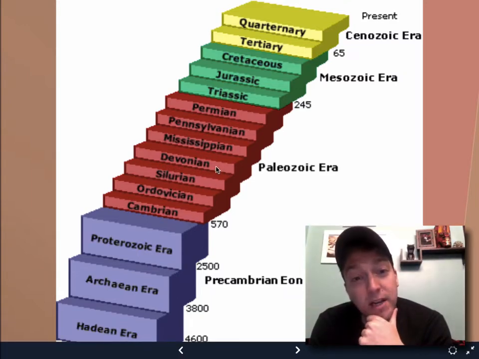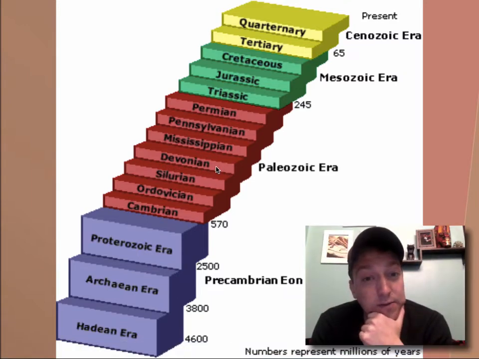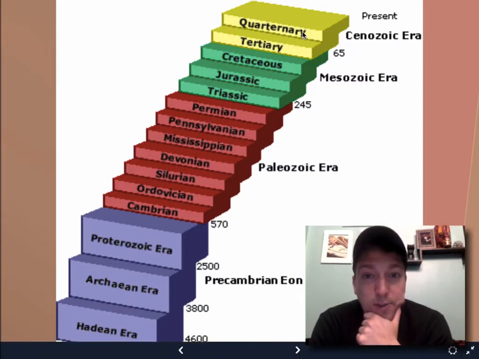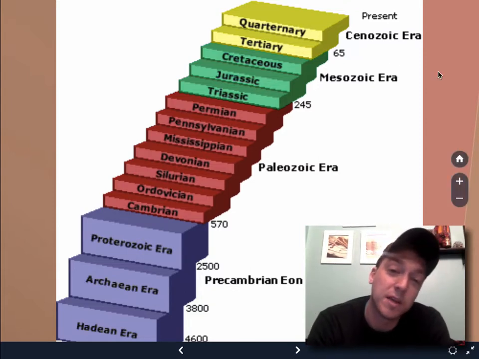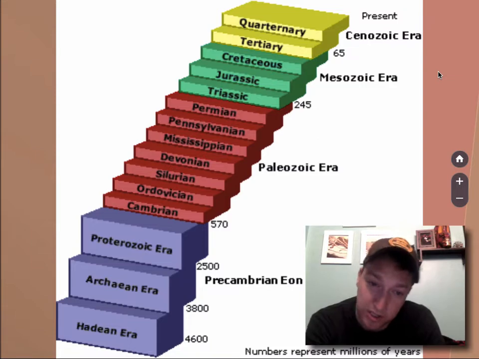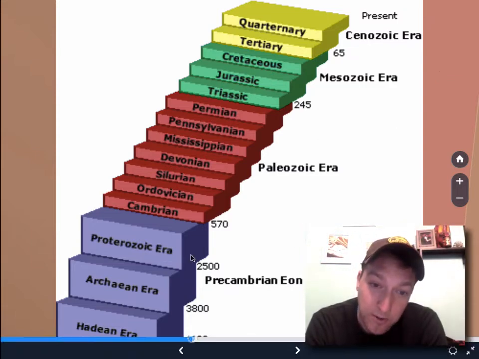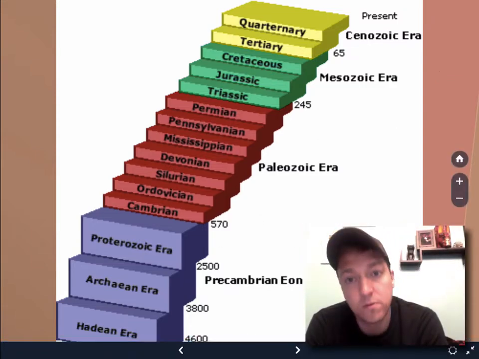The Devonian was kind of like the era of fishes. These are the more modern eras. So this is kind of like the Ice Age and stuff like that. And today they're proposing that we're in a new era because humans are changing the world so much. And the Precambrian era was very simple life.